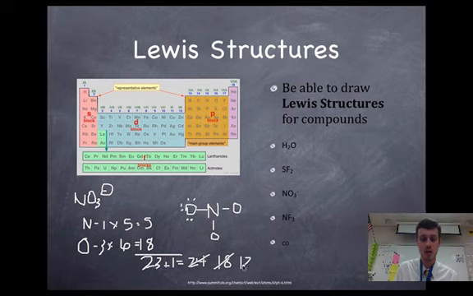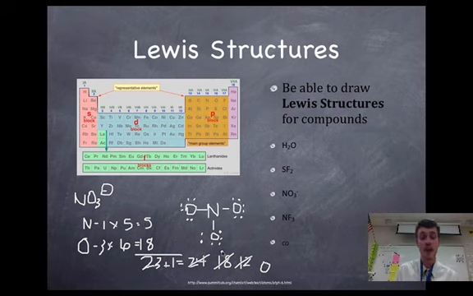I do the same here on this O, and the same for this O right here. Now I have 0 left. I've used all 18 of those extra electrons that I have. I've used all of my 24, but not everything is happy.